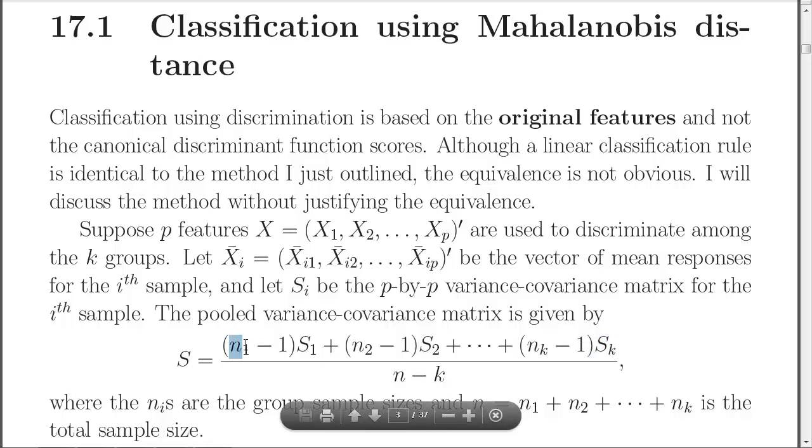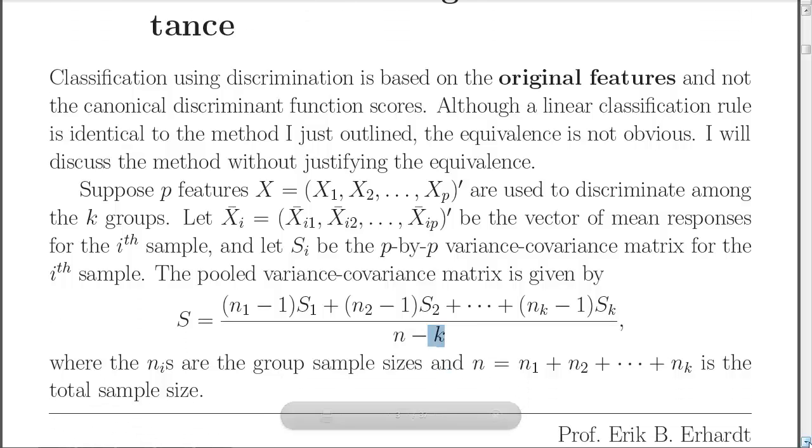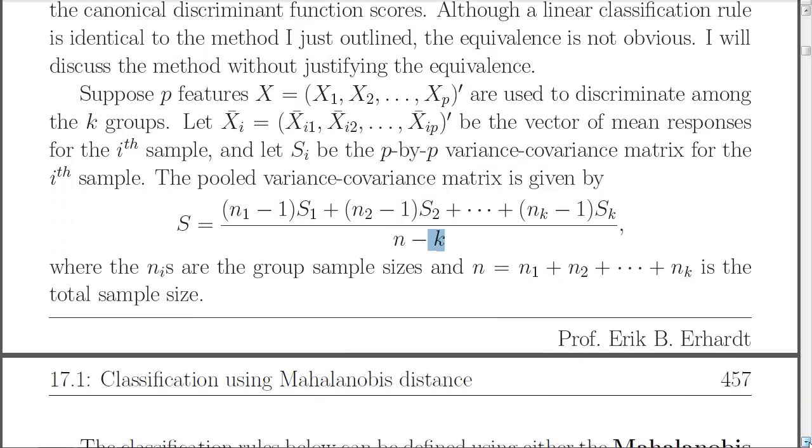It's weighted by the sample size in each group and divided by the total sample size minus the number of groups. If in fact the covariance matrices are equal, this gives us the best estimate of the shared covariance that all groups have.